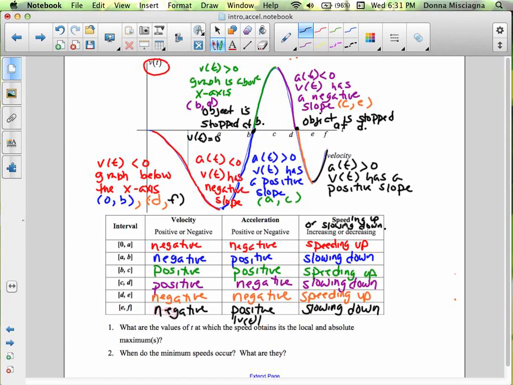I think maybe A. So at t equals A, or possibly t equals C, the object reaches its greatest speed.